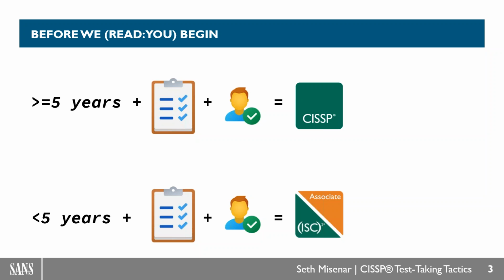I mention that because increasingly I'm seeing folks go after the CISSP earlier and earlier in their careers because it's important for your career. And so you can now, and this changed a while back, do something a bit different if you don't have the experience requirements, and that is you still pass the test, you still get endorsed, but you don't have the requisite experience, then you become an associate of ISC squared.